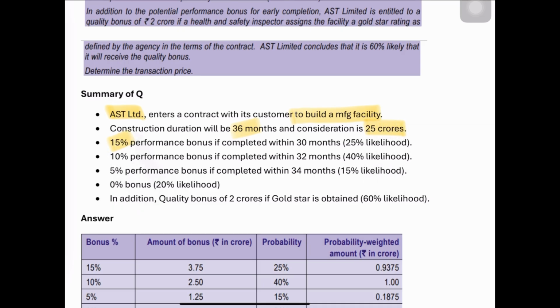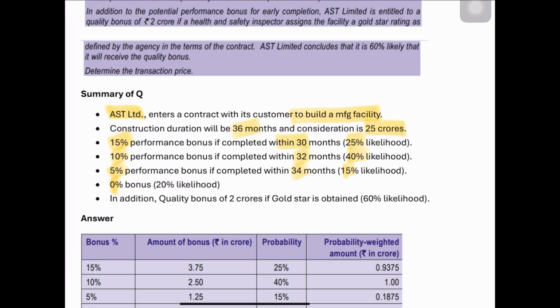There will be a 15% bonus if completed within 30 months, for which there is only 25% likelihood. Otherwise, a 10% bonus will be provided if completed within 32 months, for which there is 40% likelihood. And a 5% performance bonus is provided if completed within 34 months, for which there is 15% likelihood.